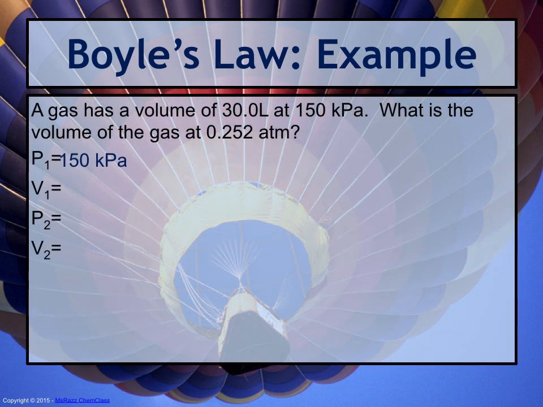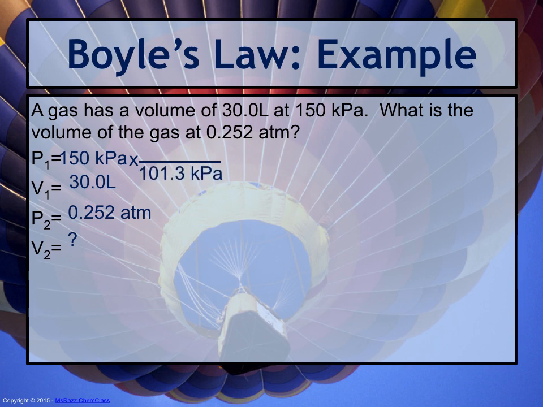Before we can do this problem, we need our pressures to both be in the same units. In order to convert kilopascals to ATMs, we need the following conversion. 1 ATM is 101.3 kilopascals. So using dimensional analysis will lead us to see that 150 kilopascals is equal to 1.5 ATMs.